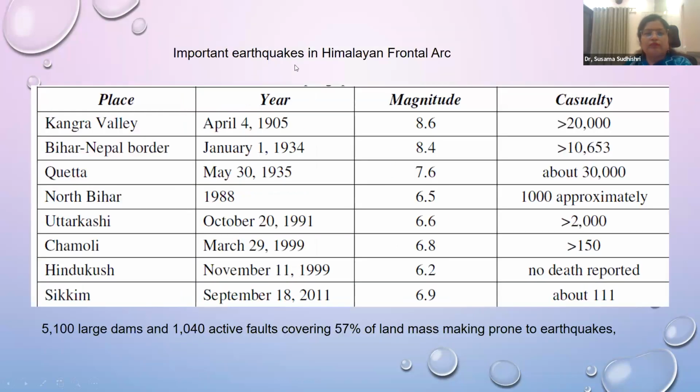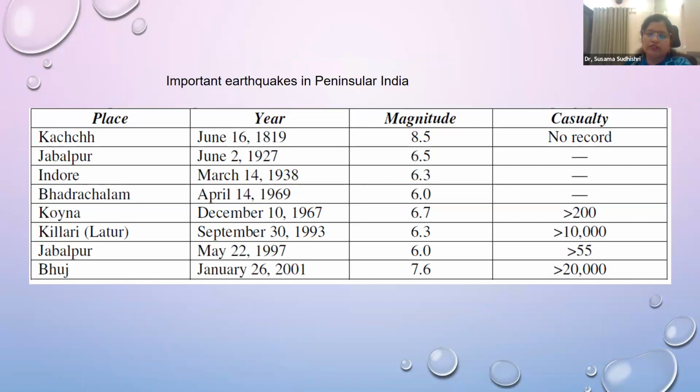So these are the important earthquakes that have already happened. You can see in the Himalayan frontal region some earthquakes are already occurring, but if it is more than that, then there will be a problem for the dams in this region. Similarly, in the peninsular region, these are the magnitudes occurring.